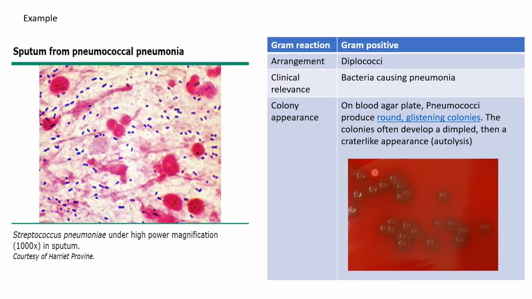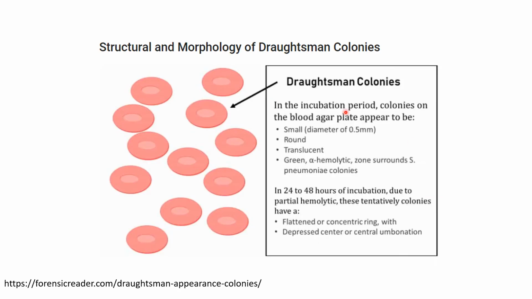On blood agar plates, the colonies appear like this, round and glistening, and develop a dimple, then a crater-like appearance. We call this morphology Dropman colonies.